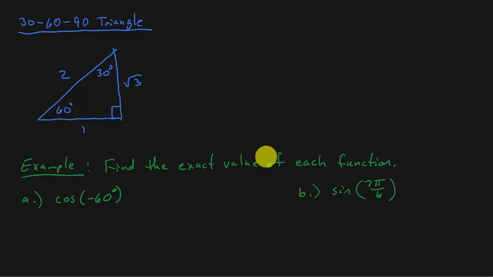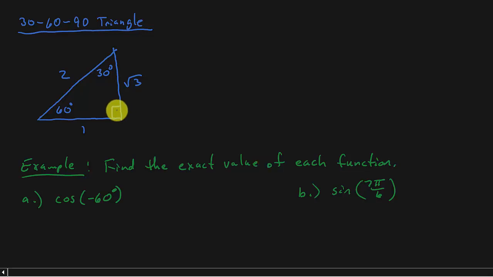So we have a right triangle with a 90-degree angle, and one angle is 60 degrees, the other is 30. The side opposite the 30-degree angle is 1, the side opposite the 60-degree angle is square root of 3, and the hypotenuse is 2. You can get this using the Pythagorean theorem, or the square root of 1 squared plus square root of 3 squared.